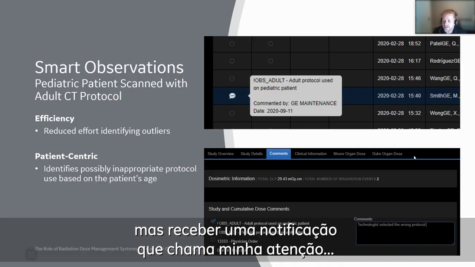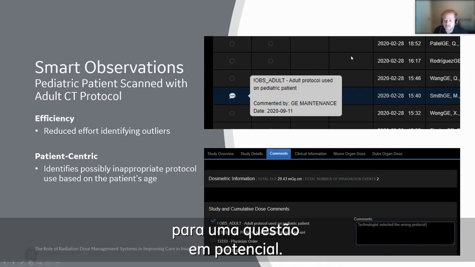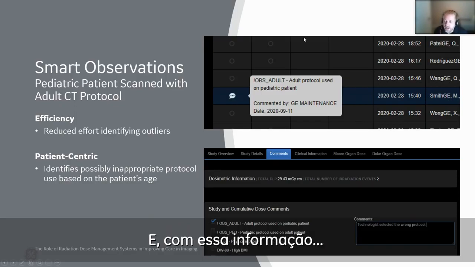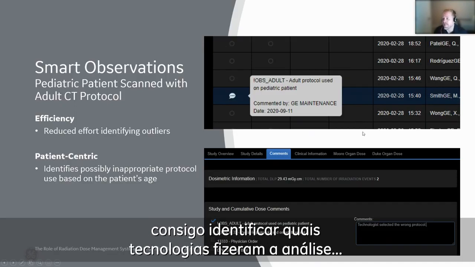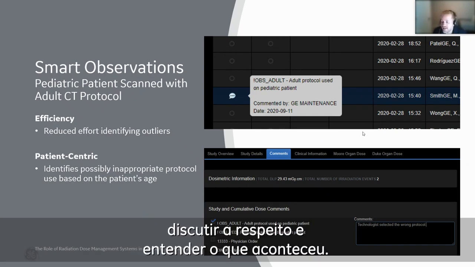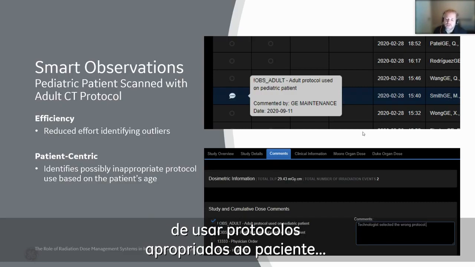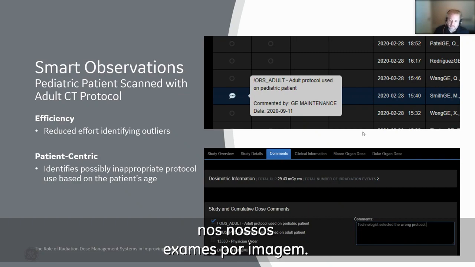I just get a notification that, look, this may be an issue, something you want to pay attention to. Saves me time, helps me be more efficient, and with this information, I can identify which technologists did it, right? And talk with them about it and understand why it happened. And through that process, improve our ability to use patient-appropriate protocols in our imaging practice.